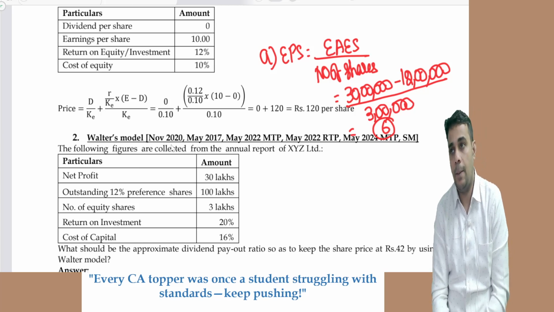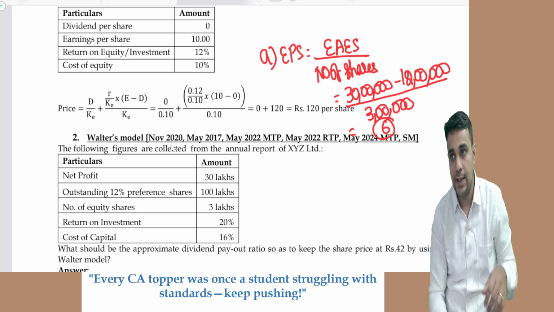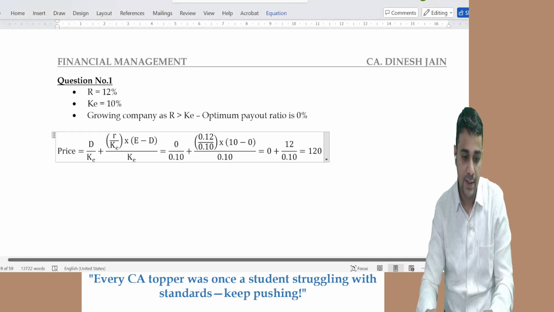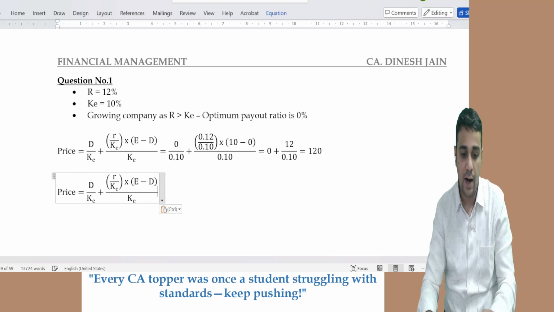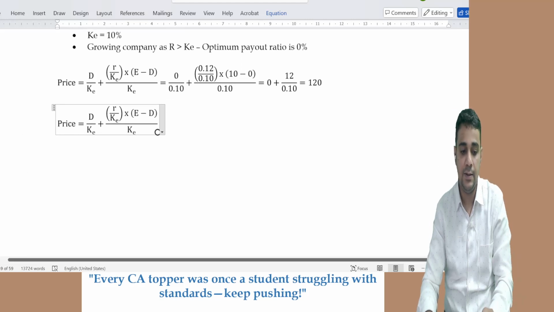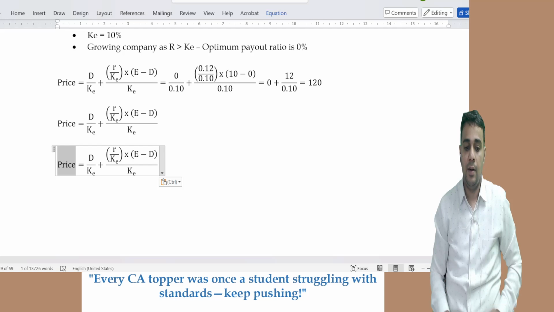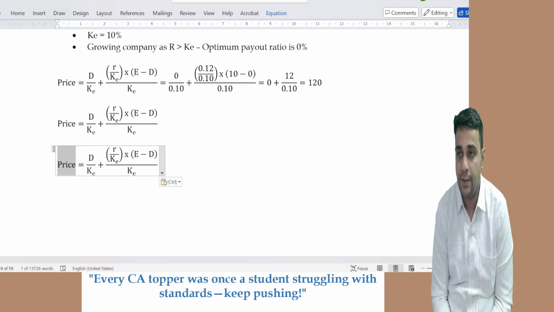Now we are going to apply the same calculation. Only thing is D is the balancing figure for us. Any doubts on 6 rupees? Price is equal to D by KE plus R by KE into E minus D divided by KE.